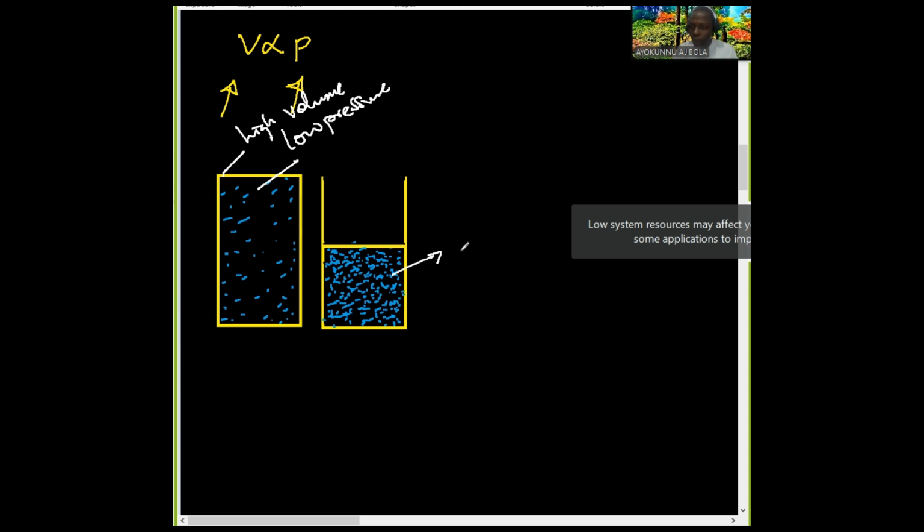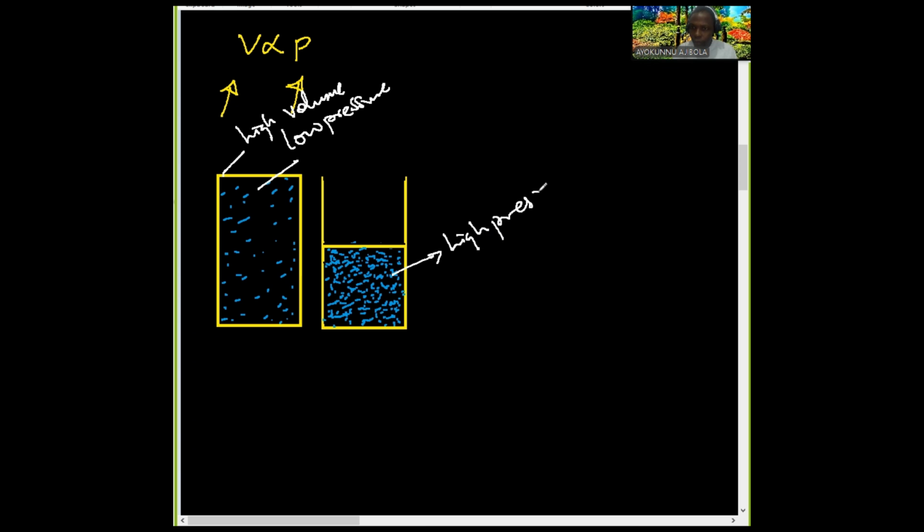Then here, what is it? High pressure, low or small volume. Okay? Is that clear? Yes, sir.